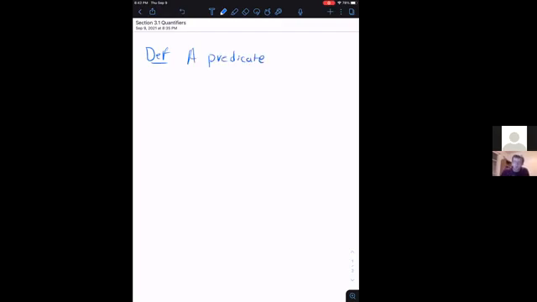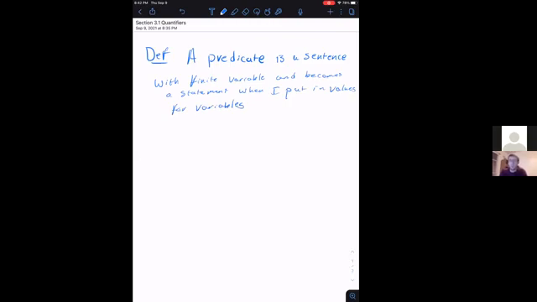A predicate is a sentence that contains a finite number of variables and becomes a statement when I put in values for my variables.